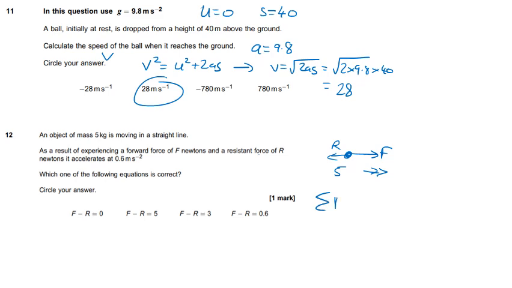So we know that the sum of forces is equal to mass times acceleration. So if we think about the direction it's accelerating in, there's a driving force forward, there is the resistive force against it, so that's minus R, is equal to the mass, which is 5, times its acceleration, which is 0.6. So 5 times 0.6 is 3. So F minus R equals 3, there it is.